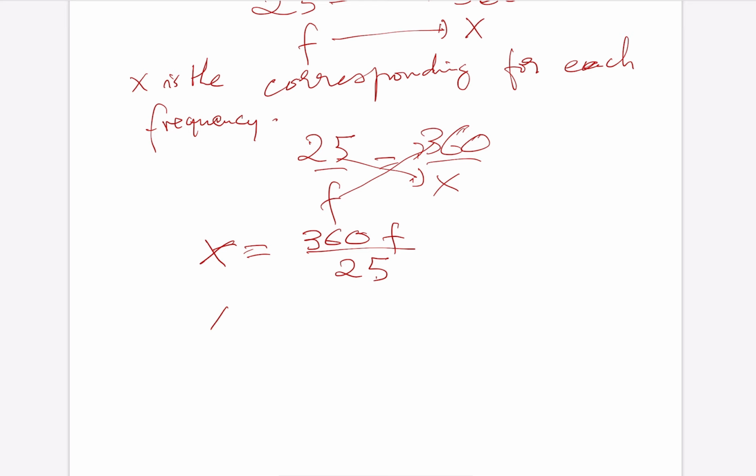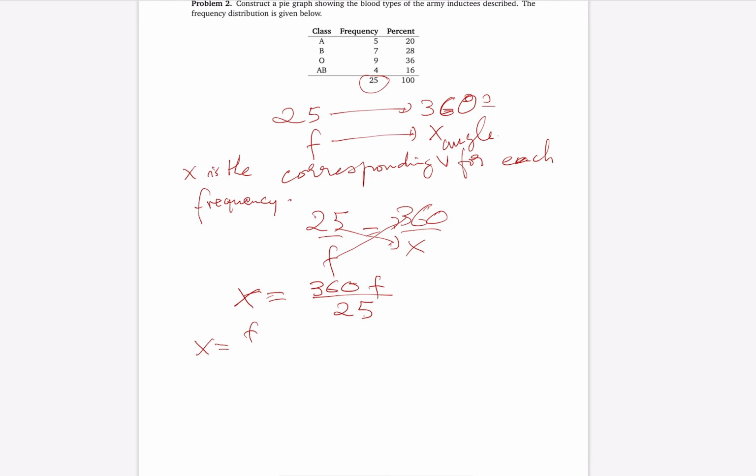Now X is the corresponding angle for each frequency. Let me write that angle for each frequency. X is equal to F times 360 divided by 25, and for type A you can choose F to be 5.